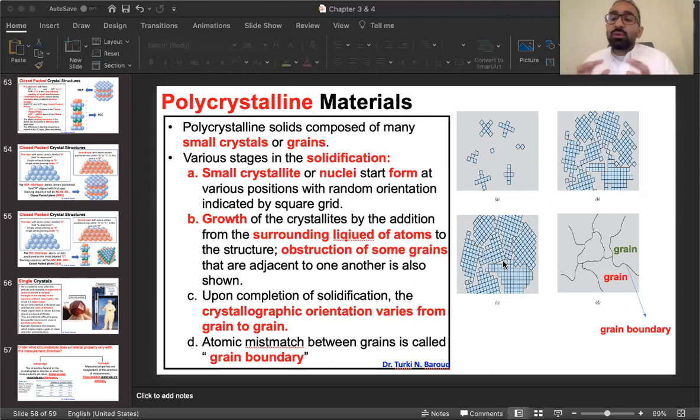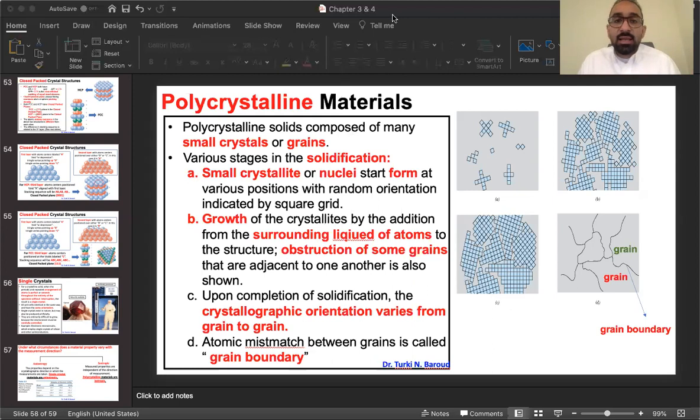If we can control the environment, then we can make this crystal extend throughout the material. So the whole material will have something exactly similar to this.